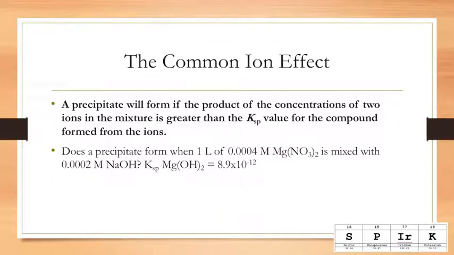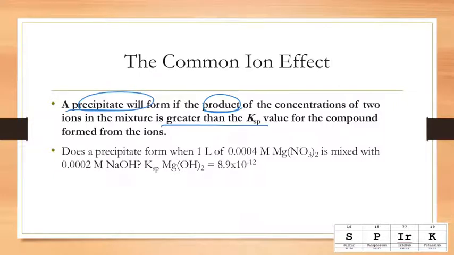A precipitate will form if the product of the concentration of two ions in the mixture is greater than the Ksp value for the compound formed from the ions. So if the concentrations multiplied together, the product, is greater than Ksp, there will be a precipitate.